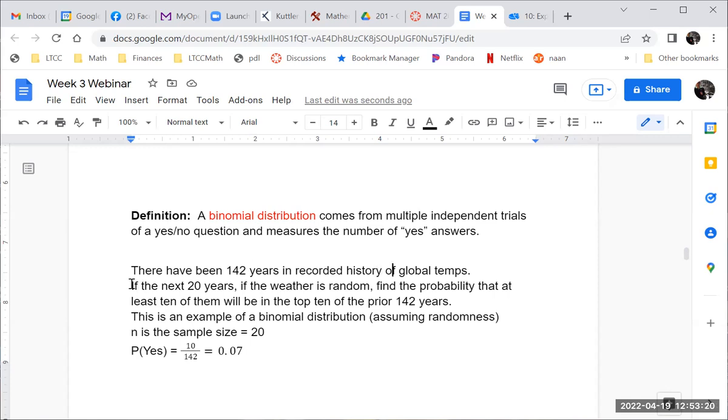In the next 20 years, if the weather is random, find the probability that at least 10 of them will be in the top 10 of the prior 142 years. Any questions on that idea?